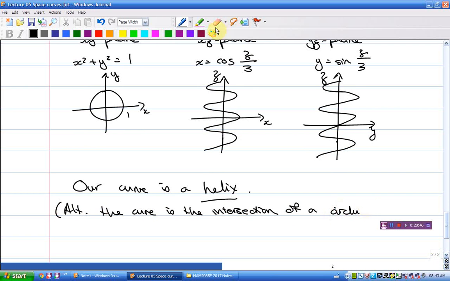Sorry, I'm not writing very well here. So instead of thinking of the projection onto the xy plane as being a circle, you can think of the curve as lying on a circular cylinder. Intersection of a circular cylinder and two sinusoidal sheets.